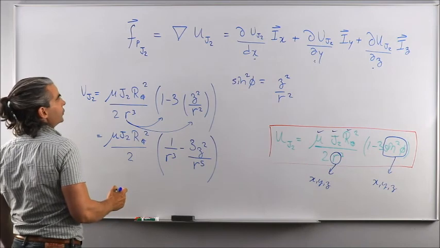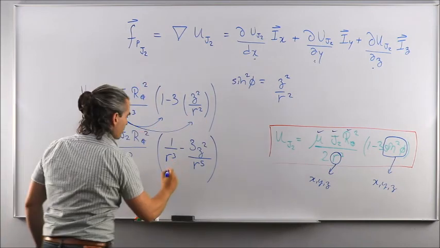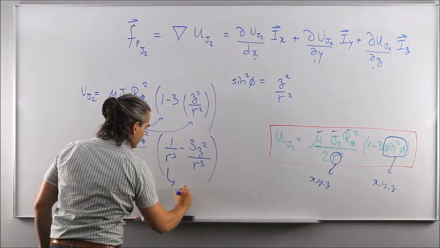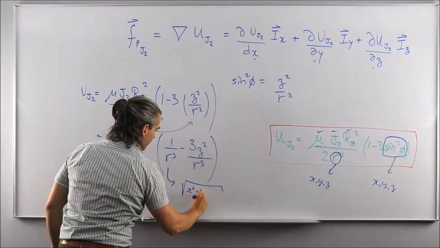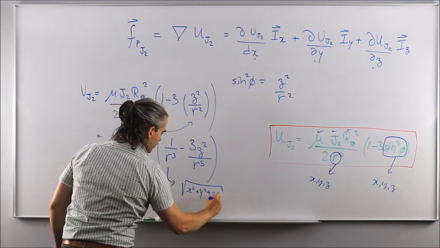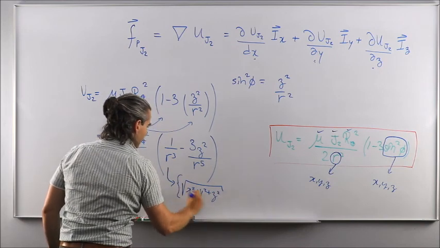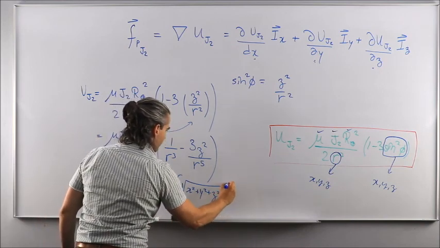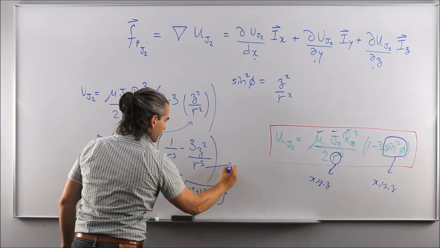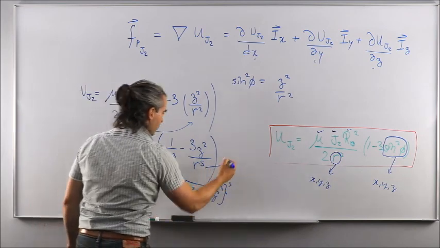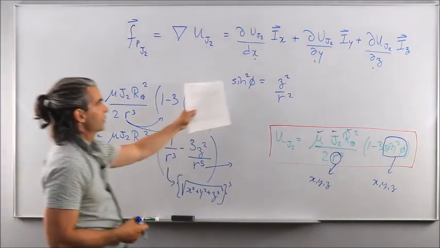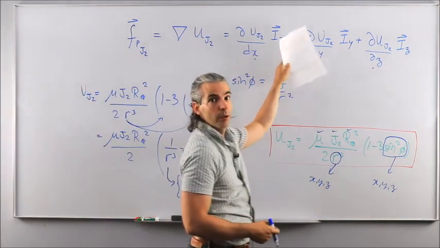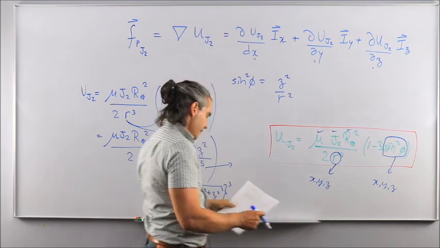And to do the gradient operator properly, you would have to replace this with square root x square plus y square plus z square, all this to the power 3. And similarly for this one, the same thing, but to the power 5, and then do the partial derivative along x plus the partial derivative along y plus the partial derivative along z.